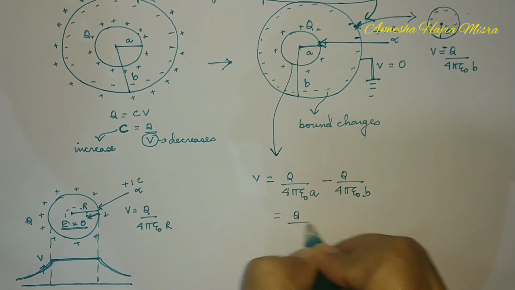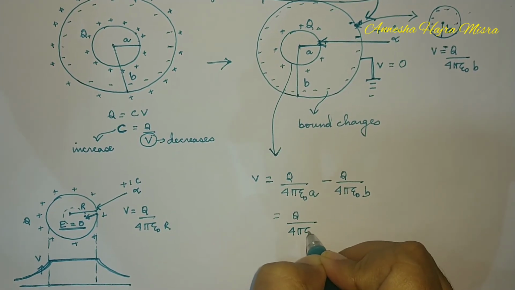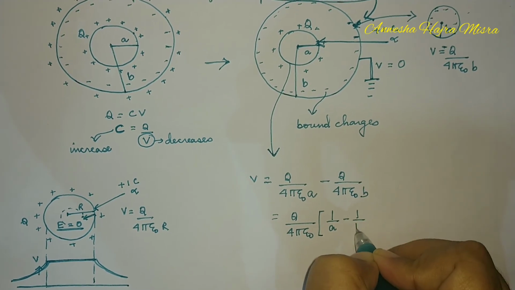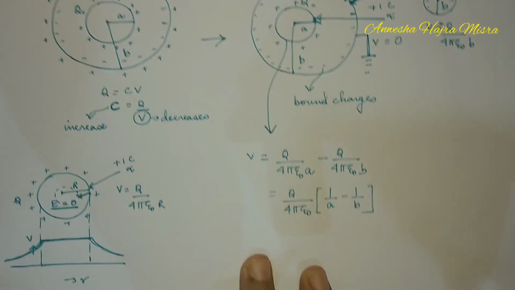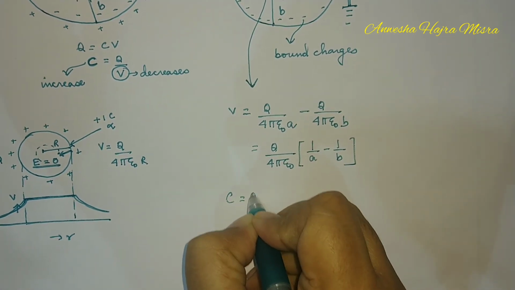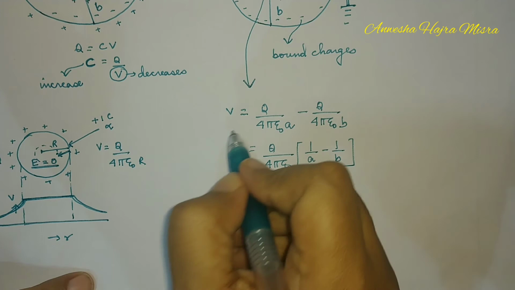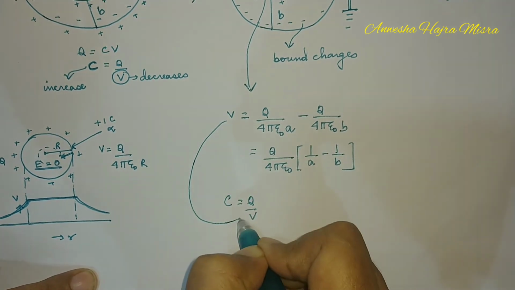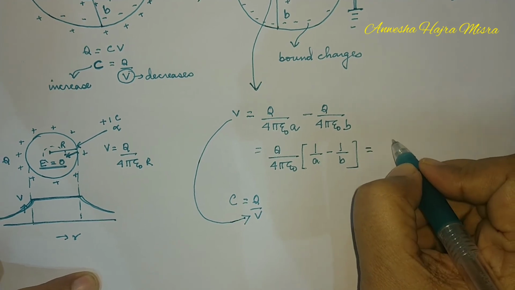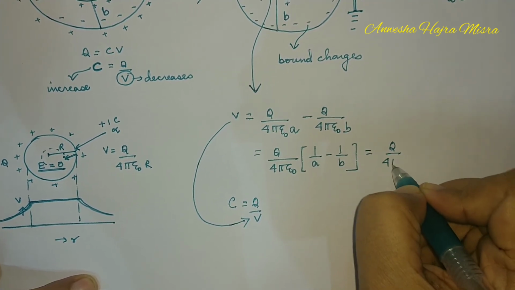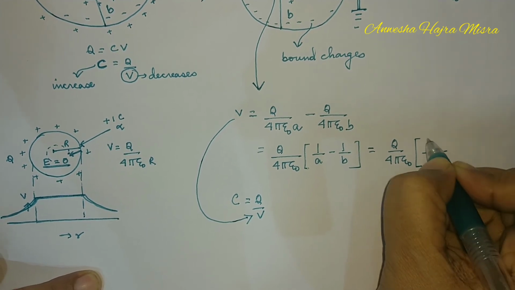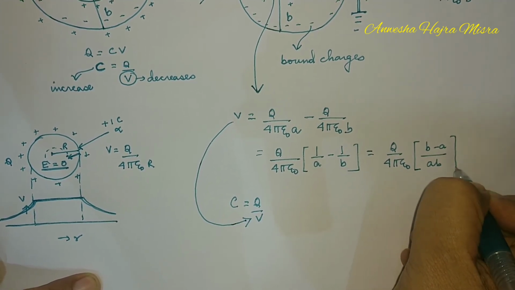Once you get q, your work is done. This is 1 by a minus 1 by b. Once you get V, children, capacitance is done. Capacitance is q by V. Only thing left is you have to put the value of V over here. Nothing else. So V is q by 4 pi epsilon naught, into (b minus a) by ab.